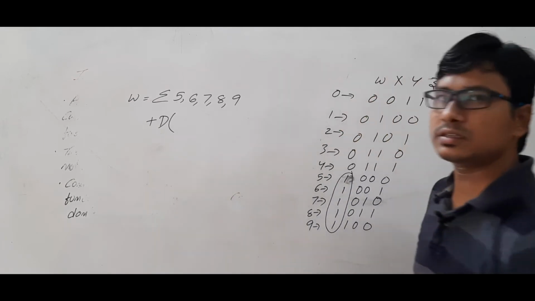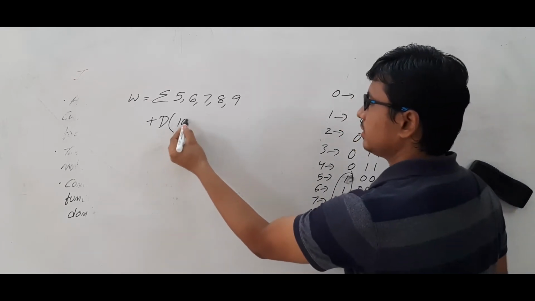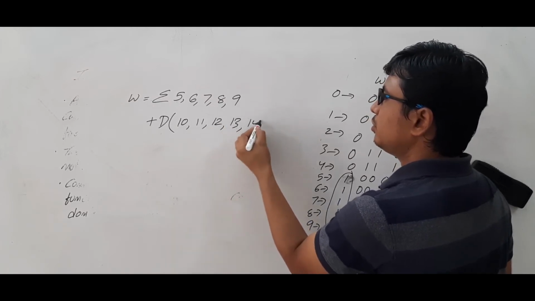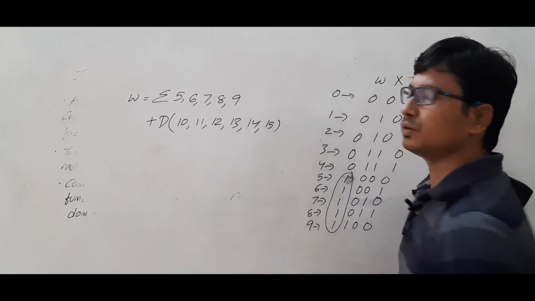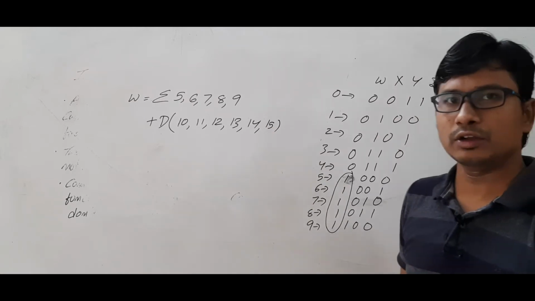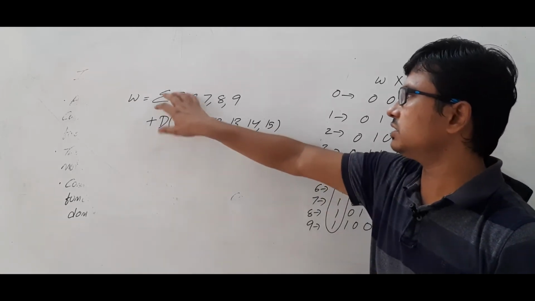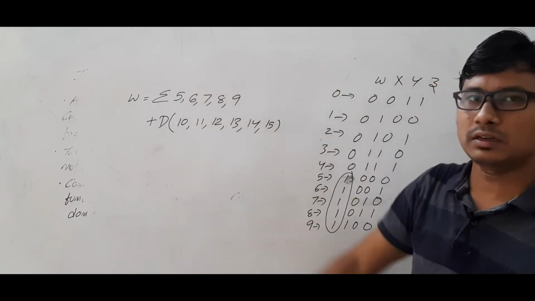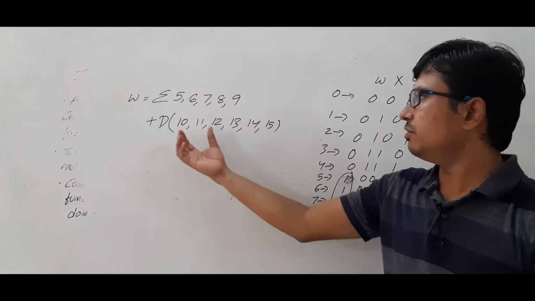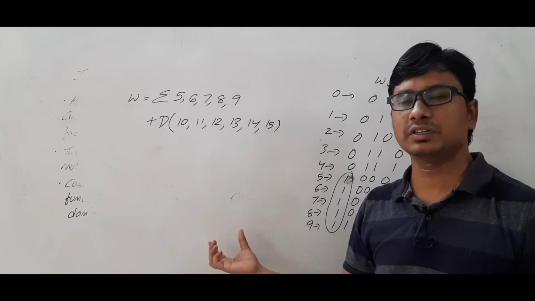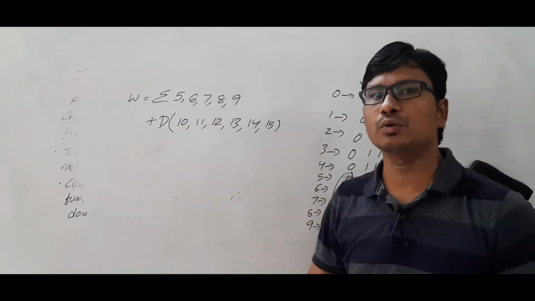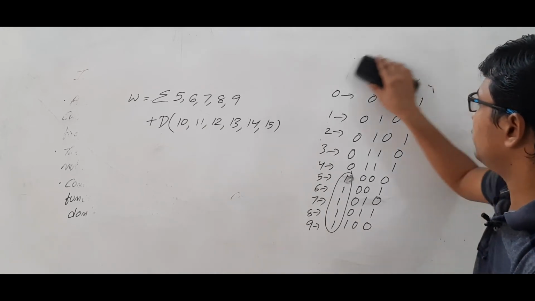So the don't cares are 10, 11, 12, 13, 14 and 15 here. Are you able to follow it or not? So these are the min terms and these are the don't care conditions, because we don't have the input for these. What output is produced, we do not bother. Now we will see how to simplify such kinds of functions.